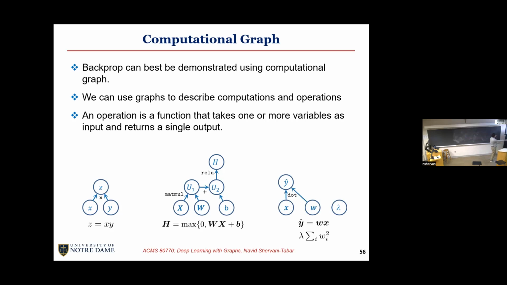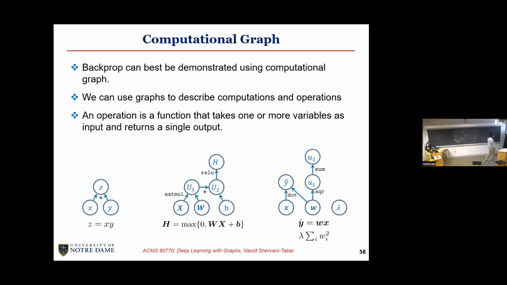And then next, I have my W, and I'm applying element-wise square on the elements of W. That will give me a new variable U1. And next, I'm going to apply a sum over all the elements, and that's going to give me a new variable U2.